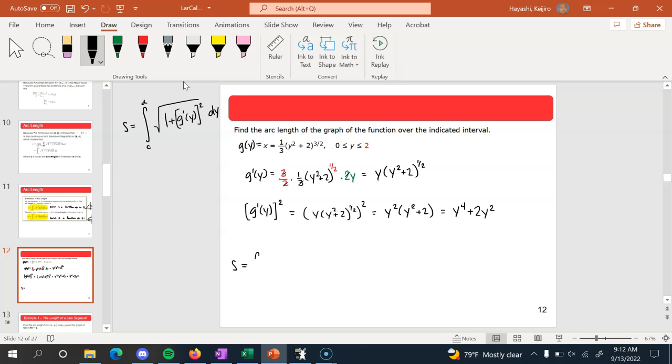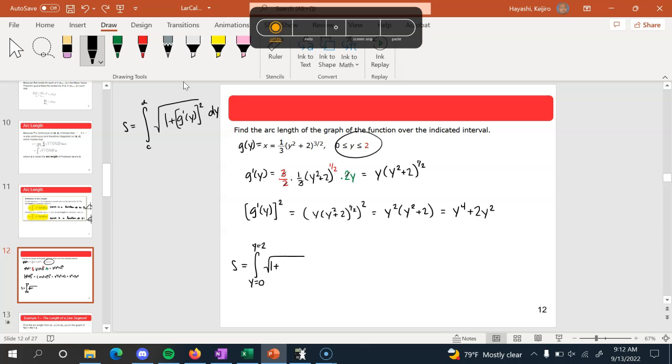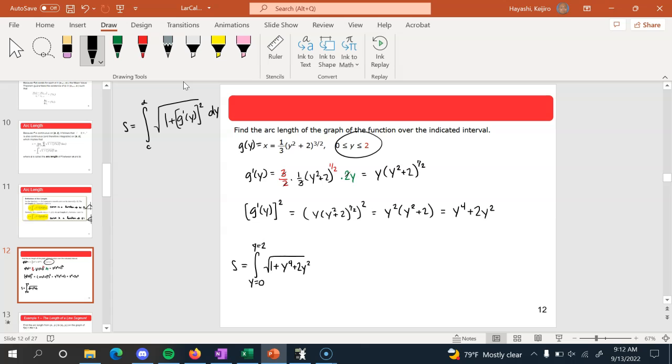Okay, so S is going to be the integral from y equals 0 to y equals 2, because that's the interval, of the square root of 1 plus y to the 4th plus 2y squared dy.